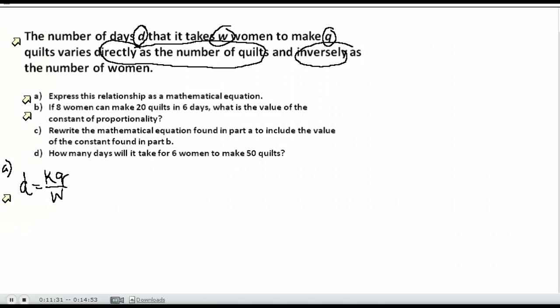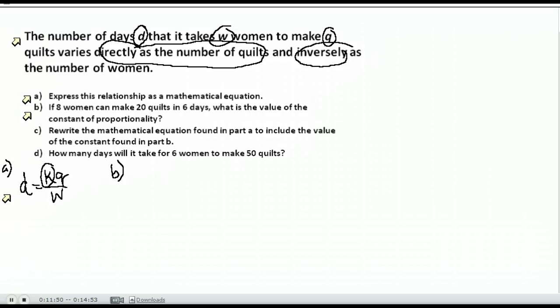The next request they have is if 8 women can make 20 quilts in 6 days, what's the value of our constant of proportionality? Now remember, our constant is this value K right here. So what we're going to do is substitute all the other information they gave us.